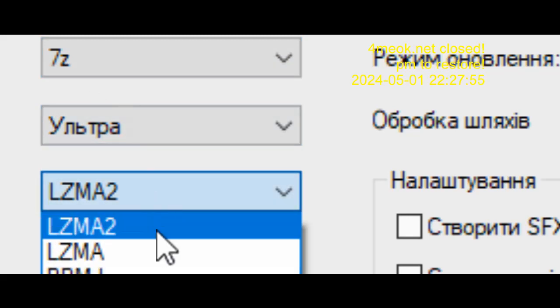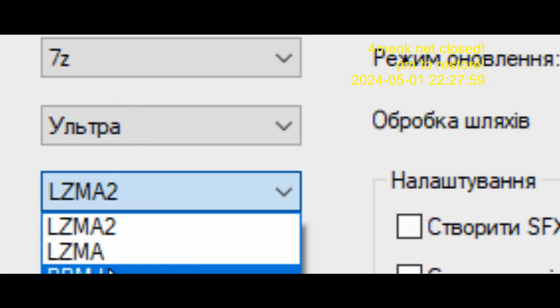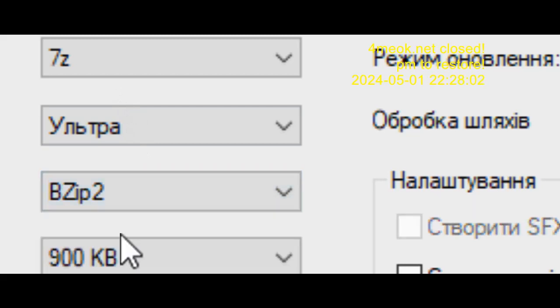Because 7-zip already has LZMA2, LZMA, or bzip, so it is archive in archive.